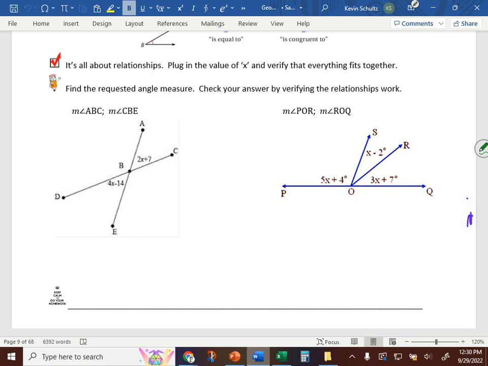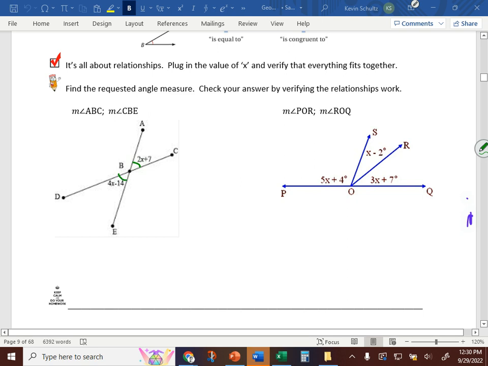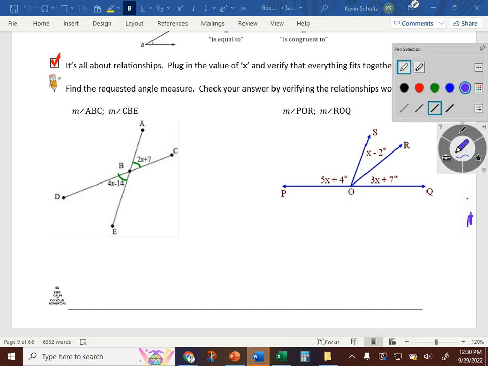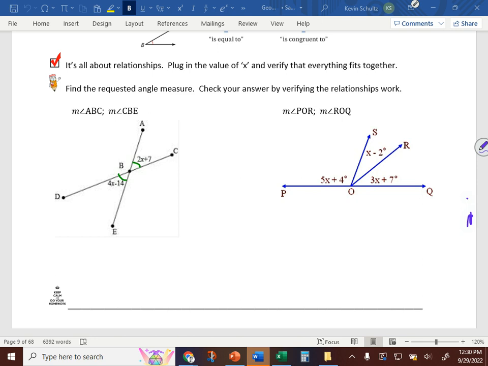They are opposite from each other, and they are congruent. So, knowing that these two angles are congruent, what equation can we set up that's going to allow us to solve for the variable, Jack?